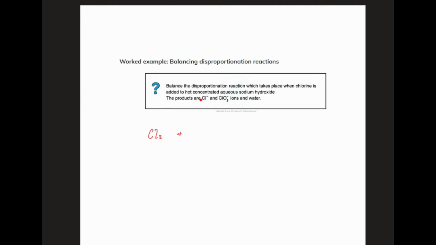Since the question said the products are just the anions without the presence of sodium, the cation is not there. So for sodium hydroxide itself, it is better not to take the sodium also, so that it forms ionic equations.